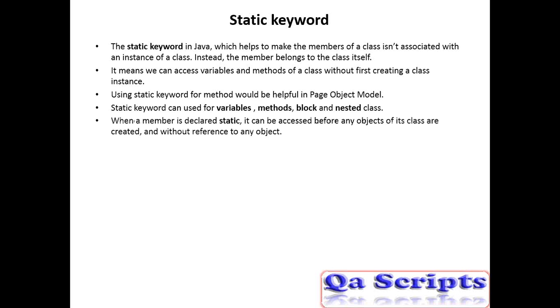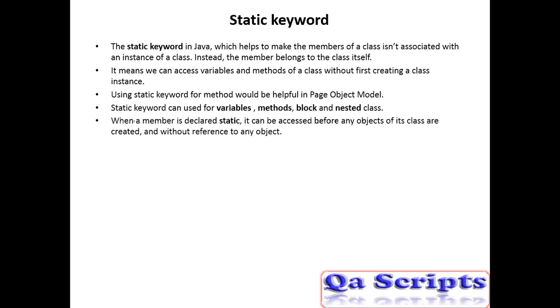Suppose you have three methods and four variables, and you want to call those methods in another class. You have to create an object. Unless you create an object of that particular class, you cannot call the methods or variables.